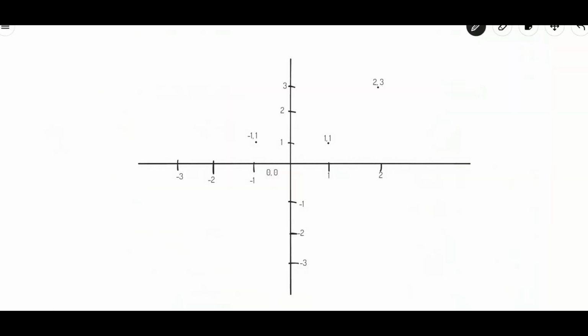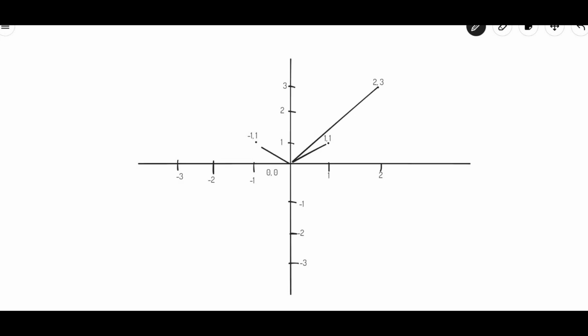Let's say your base is at 0, 0, and you have 3 pickup locations. Pickup 1 is at 1, 1. Pickup 2 at -1, 1, and Pickup 3 at 2, 3. Imagine drawing straight lines from your base at 0, 0 to each of these pickup points.